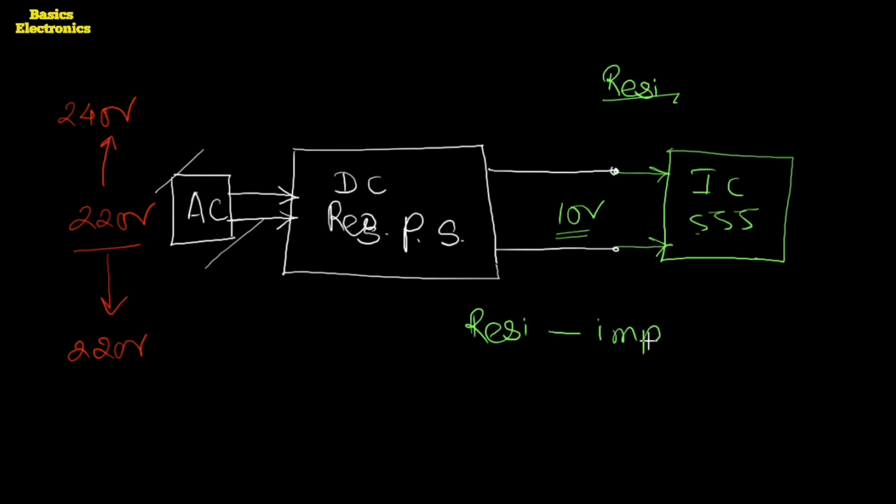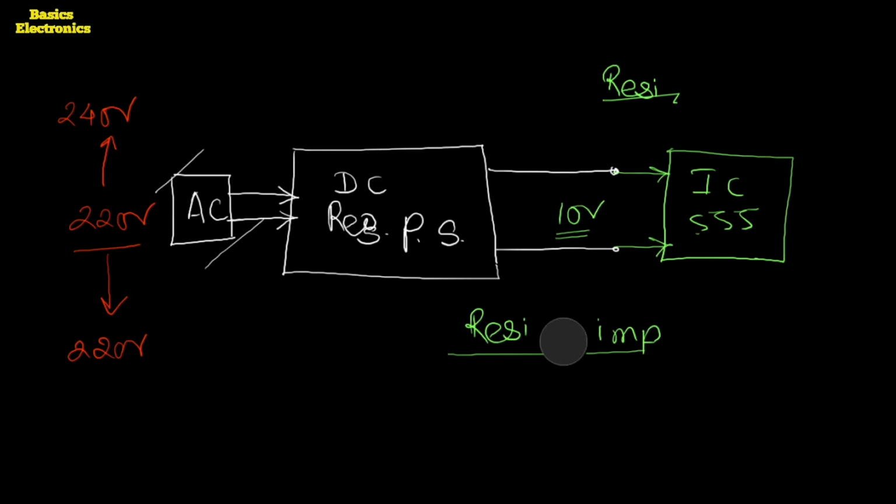See, resistance and impedance have the same units of measurement, but both are different; both are opposition, but opposition of different components. Later on we will discuss the difference between impedance and resistance.